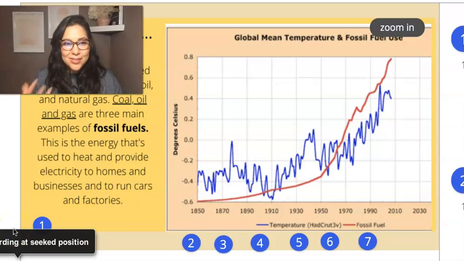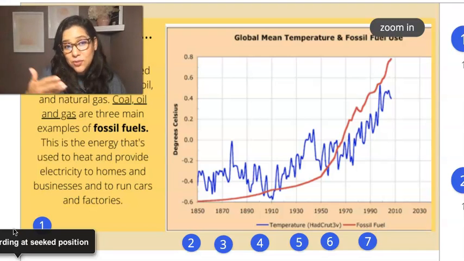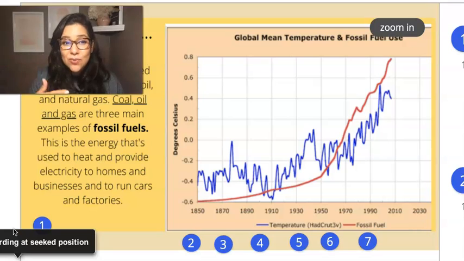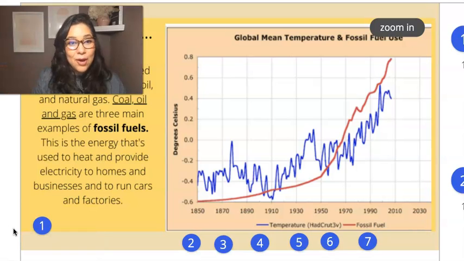In this graph, what we're seeing is that as the use of fossil fuels increased, so did the temperature. Many scientists in our community believe that there is a strong correlation between both, and we're going to explore fossil fuels to get a better understanding of how they can possibly contribute to our climate change.